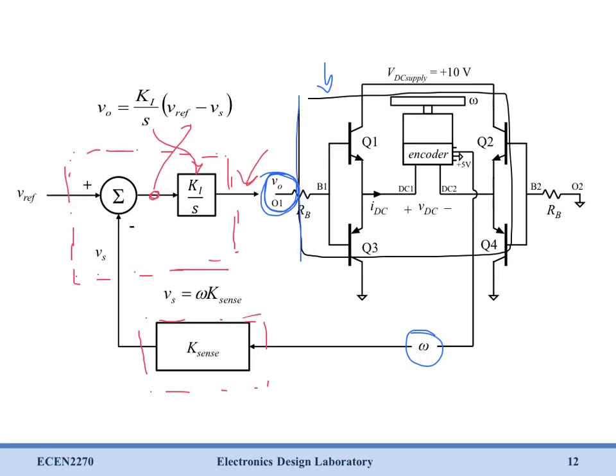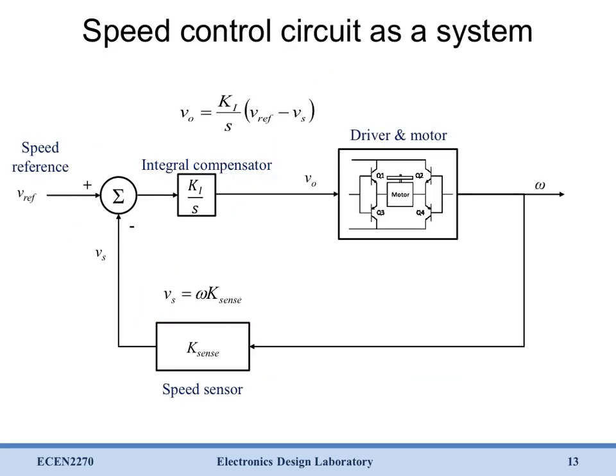So we can simply replace this whole motor driver and motor with a block which takes VO as an input and generates omega as an output, which we've done here. And now you can see this is much simpler and it'll be much easier to derive what we want finally, which is a relation between Vref and omega.